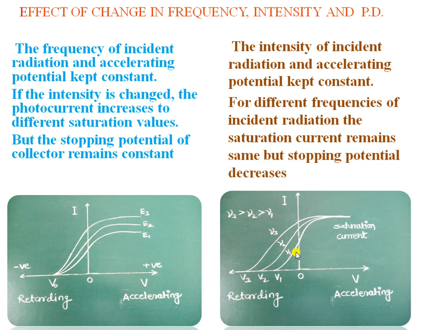If we go on decreasing the potential, it is observed that for the first frequency nu1 the stopping potential is V1, for the second frequency nu2 it is V2, and for the third frequency nu3 it is V3. It is clear that as frequency increases, the negative value of stopping potential also increases. So nu3 is greater than nu2, which is greater than nu1.